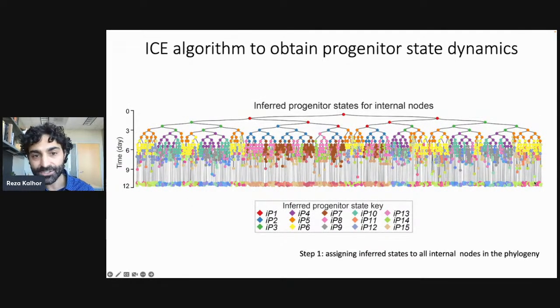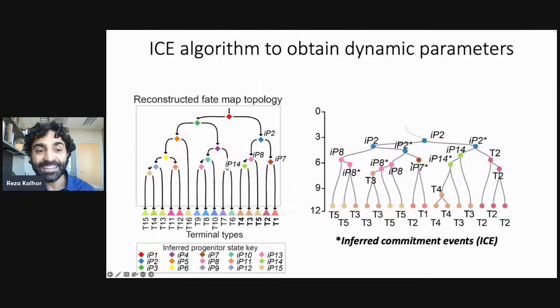This is the entire phylogenetic tree, and the inferred states of all internal nodes have been colored according to this key. When we look at these inferred states, now we get a better sense of the divisions that represent self-renewal, commitment, and differentiation.